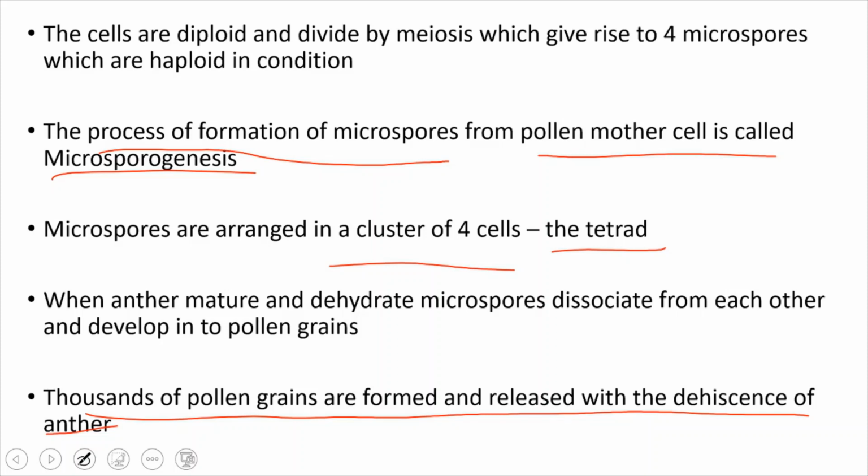So what happens when the anther gets dehydrated? The cluster of 4 cells separates from each other. Completely all the cells have separated. Then dehiscence happens. It splits and releases thousands of pollen grains into the atmosphere.